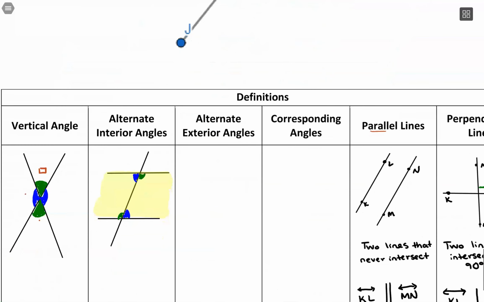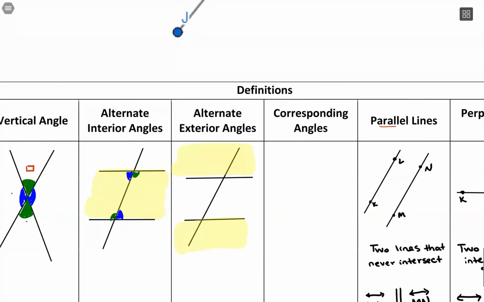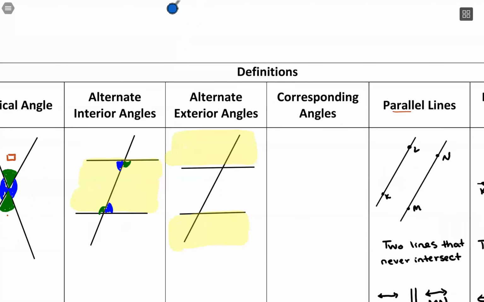Another way that common angles come through, if we have a line being intersected by 2 parallel lines, is alternate exterior angles. That's where we're focusing on the outside here and the outside. Say I'm on the left-hand side up here. If I go to the right-hand side at the exterior, same measurement.